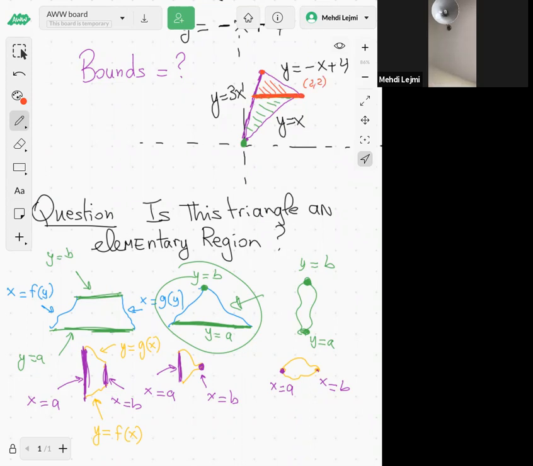So the equation of this horizontal line is just y equals 2, because the y coordinate of this point is 2. So actually this exercise is not as easy as it looks, right? You need to divide your triangle into two subtriangles, and the two subtriangles would be elementary regions.